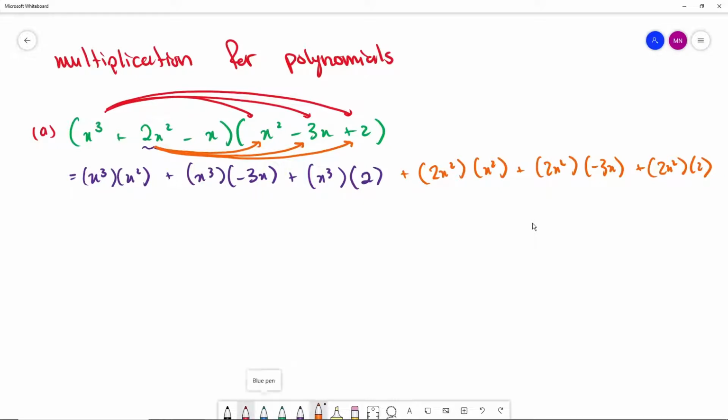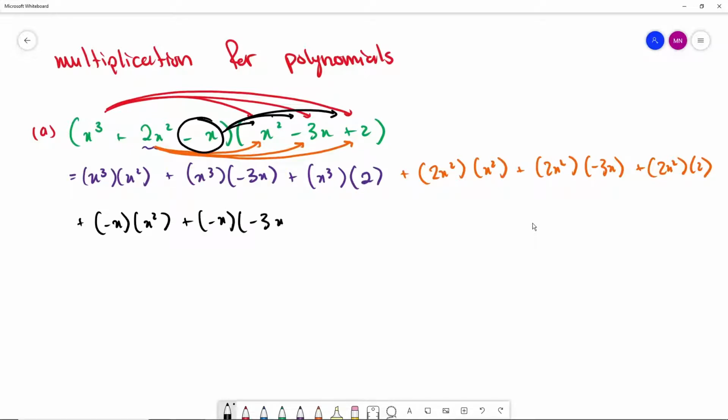Don't forget our third term, the negative x, which also needs to be multiplied with all of the terms in the second bracket. So we write plus negative x times x squared, plus negative x times negative 3x, plus negative x times 2.